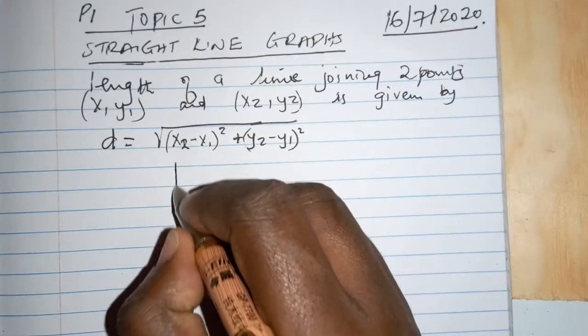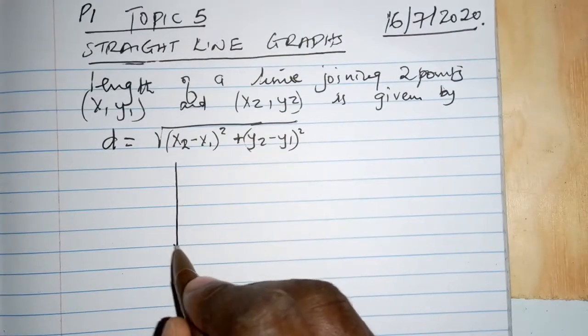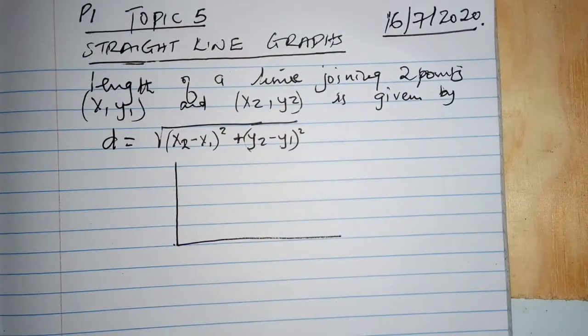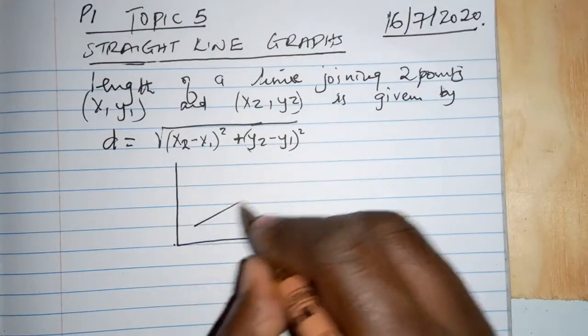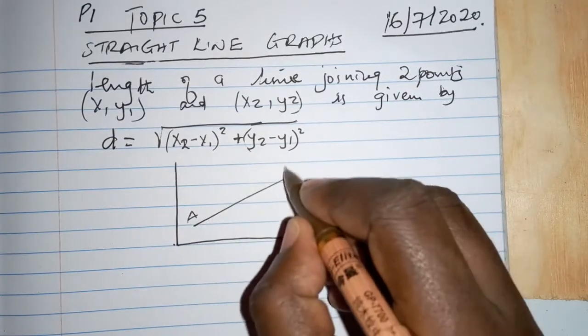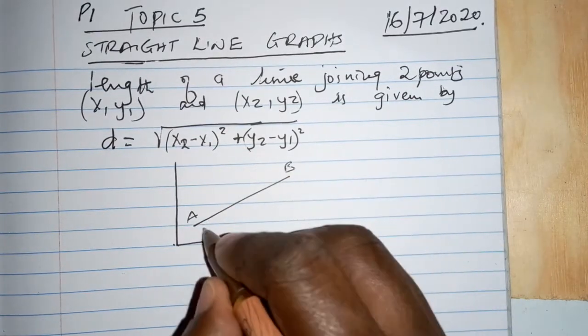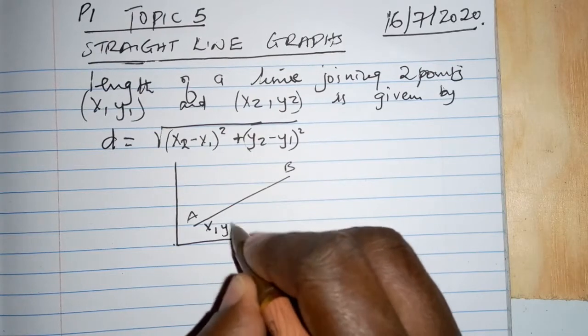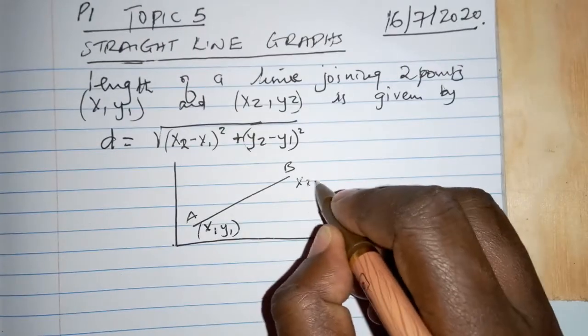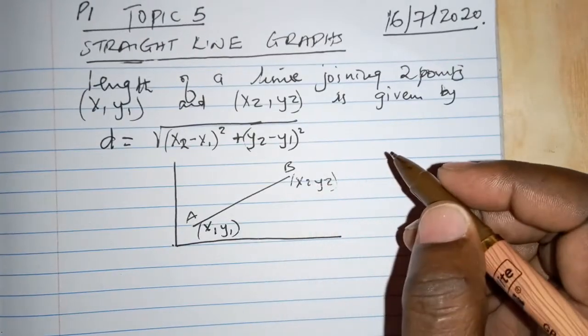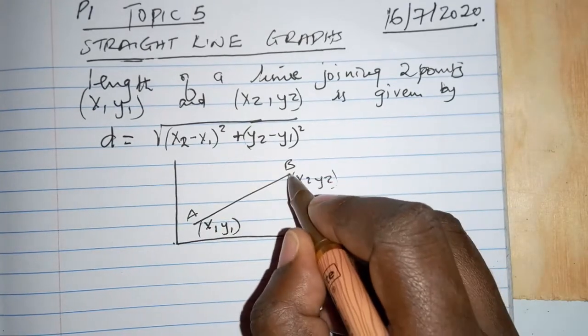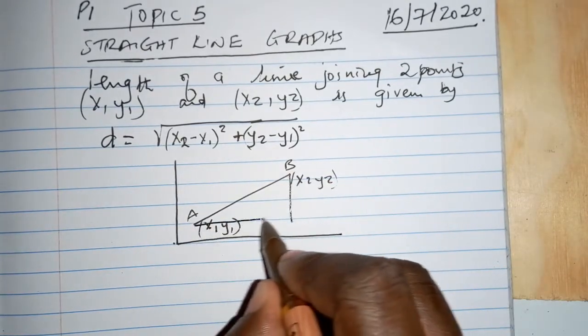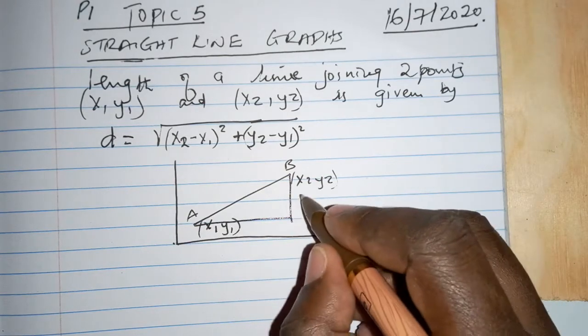Because, for example, if you have a line joining point A and point B, and point A has coordinates x1, y1 and point B has x2, y2, you'll talk of this distance.